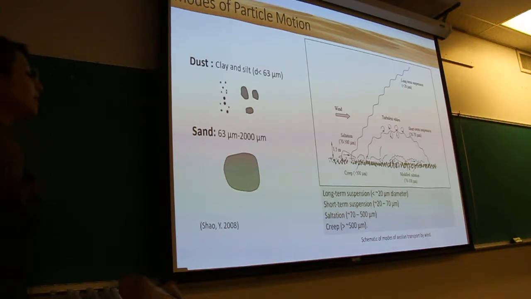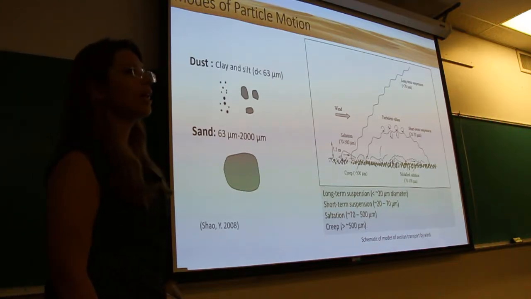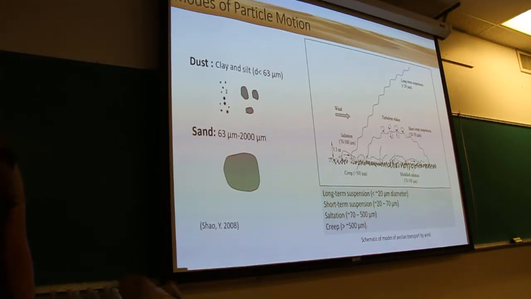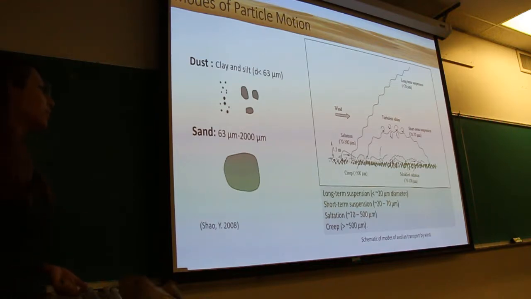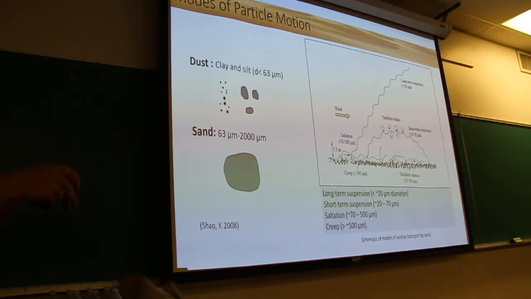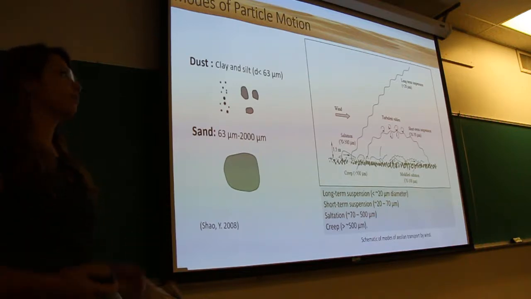Particles with diameters between 70 and 500 micrometers are usually part of the saltation process, which I'm going to talk about later because it's the main process. Heavy particles with diameters bigger than 500 micrometers usually creep. They are too heavy to be lifted by the wind, so they are pushed along the surface by wind, or by saltating particles.